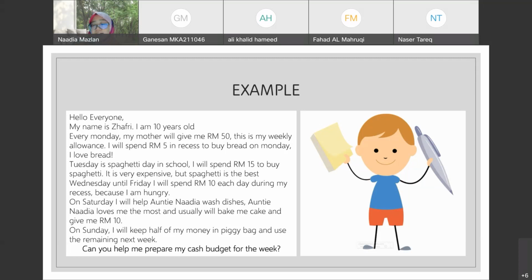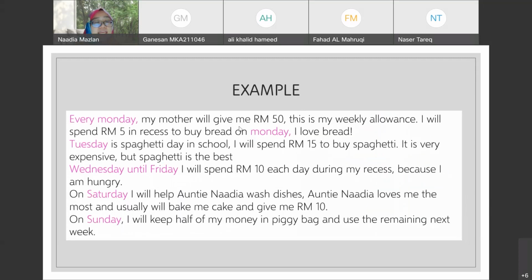So, the first thing that we need to do is to get the dates. Because in any cash budget, what's important is when and how much. When is the date? How much is the money? You can see all the pink color is what we consider the when.